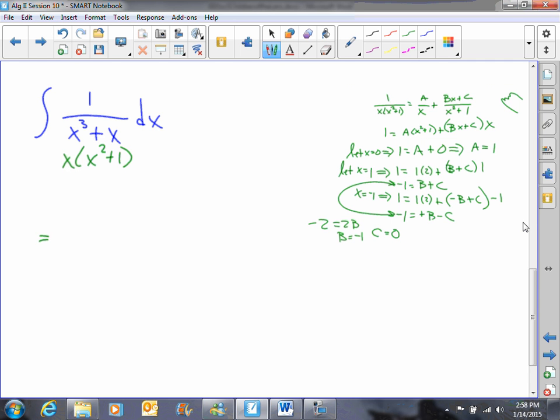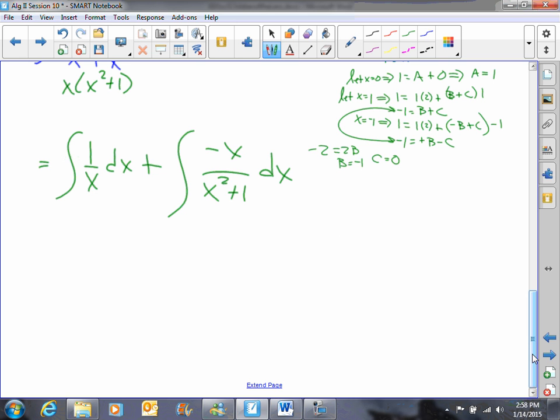This is equal to the integral of a, what was a? A was 1 over x dx plus the integral of b was negative 1. So negative x over x squared plus 1 dx. And then, of course, we'll finish this one up.